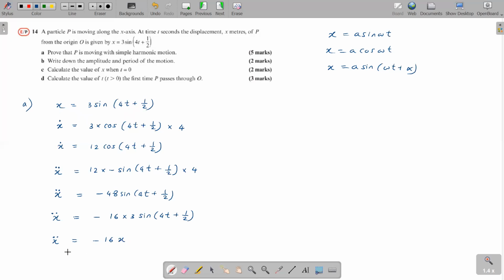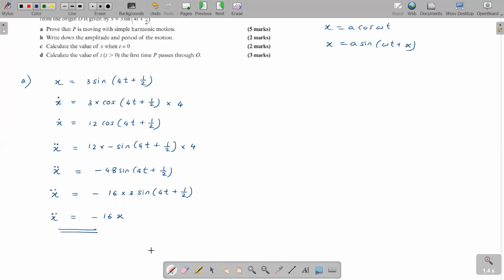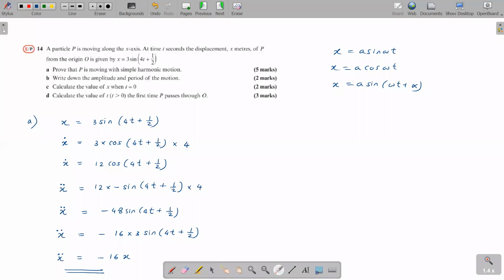So I have got an equation of the format x double dot equals minus omega square x. So you can immediately say, therefore, the particle moves in SHM. Okay, so we are done with part A.